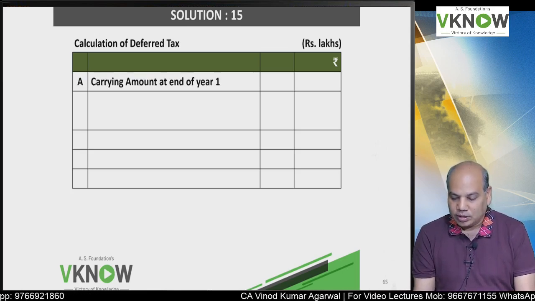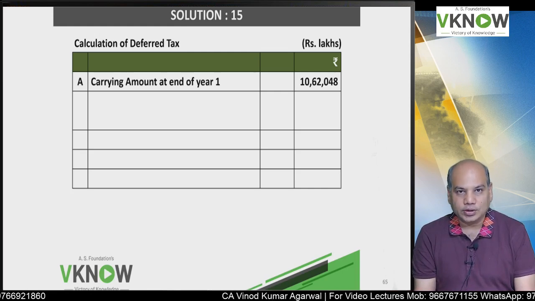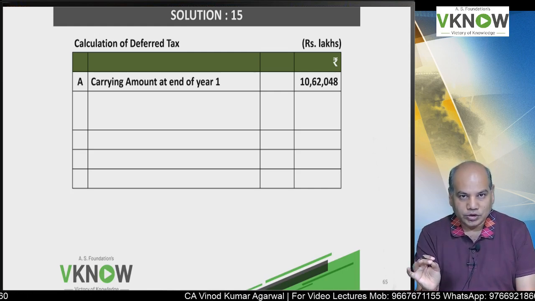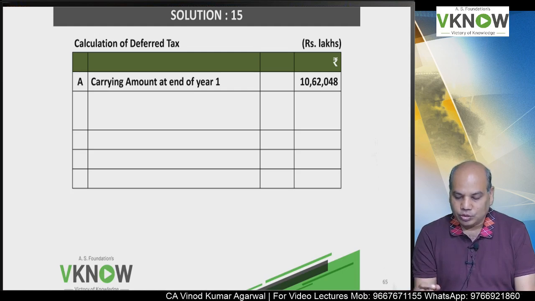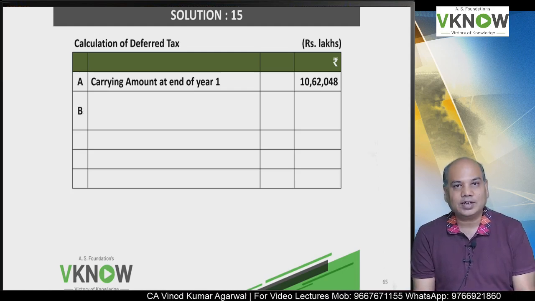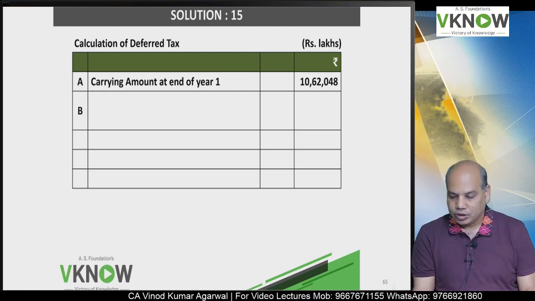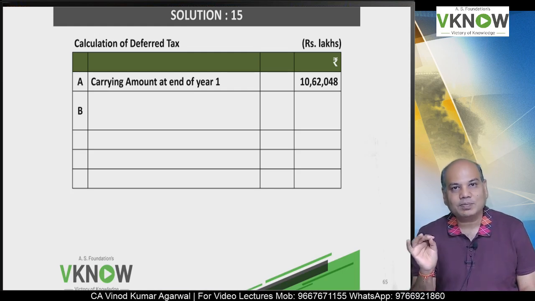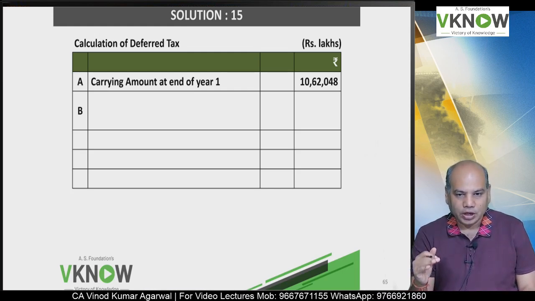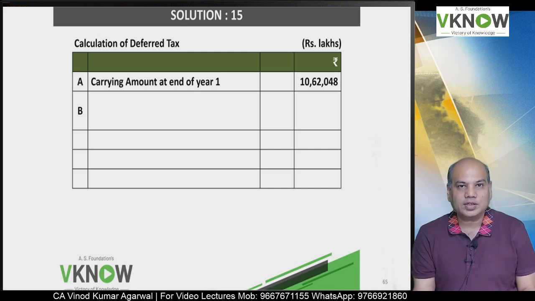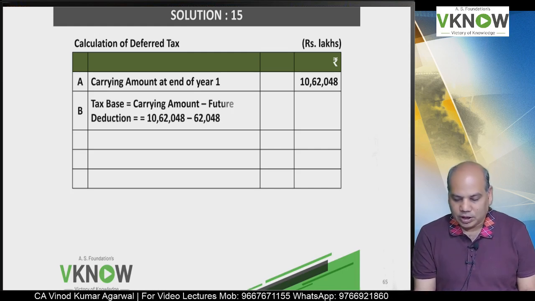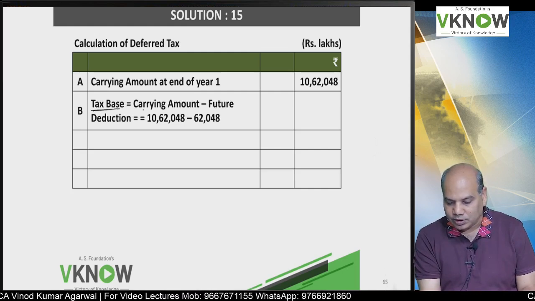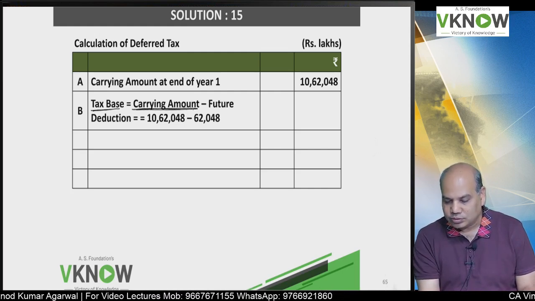My carrying amount is calculated using IND AS 109, or you can say 32, with the effective interest rate method. The income tax will not allow the principal amount as deduction. Whatever is above the principal amount will be allowed as a deduction. So tax base will differ from the carrying amount.